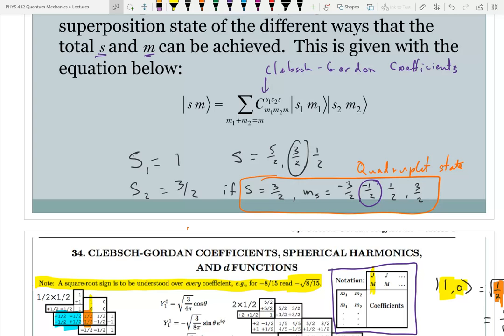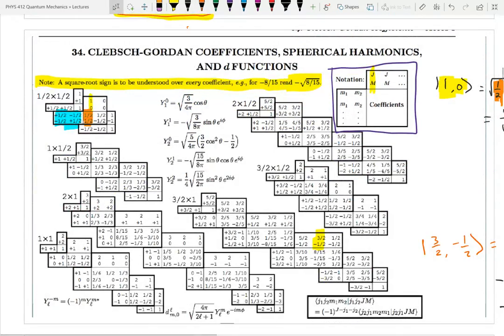Obviously, it's a lot of work. But you get them from adding. So in this case, I started with 1 and 3/2, and that told me which table I was looking at.